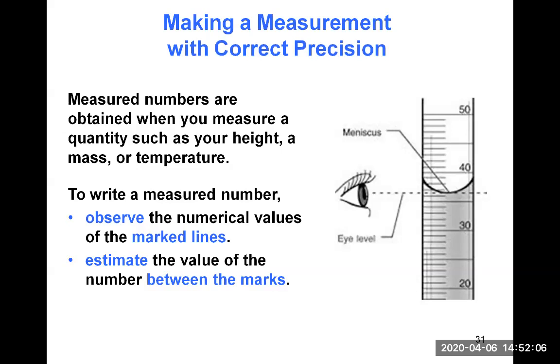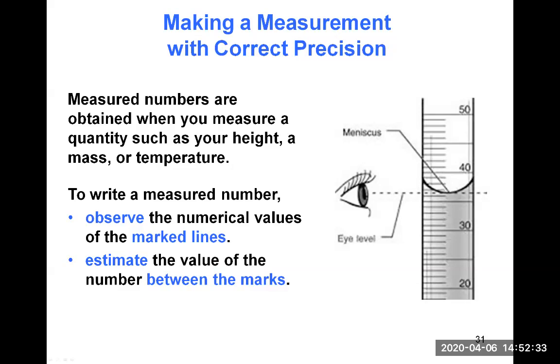In this example of a volume, we start on the bottom from 20 to 30, 40, 50. It's probably milliliters here. When you have a liquid in a narrow container, you want to read it at the bottom of the meniscus.